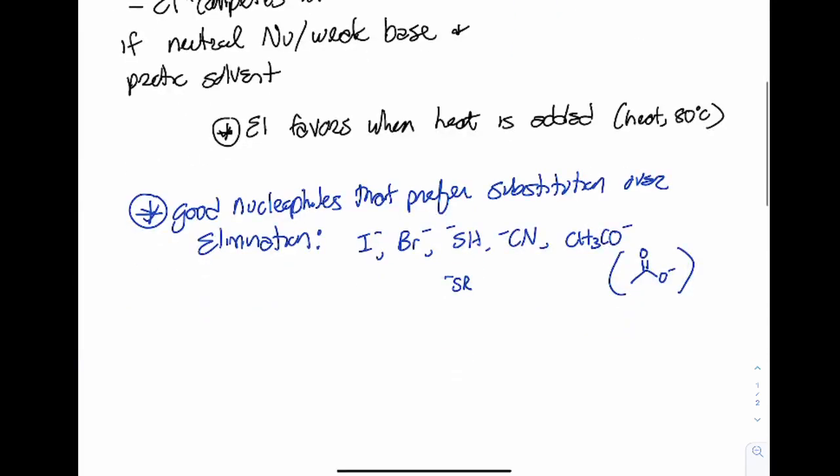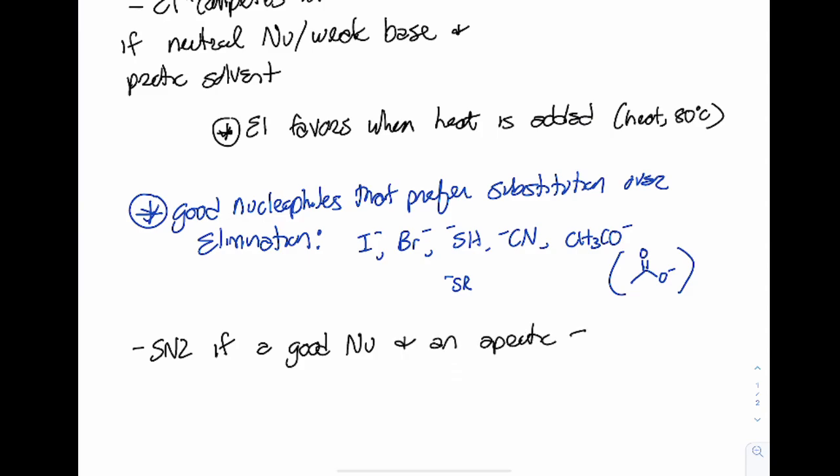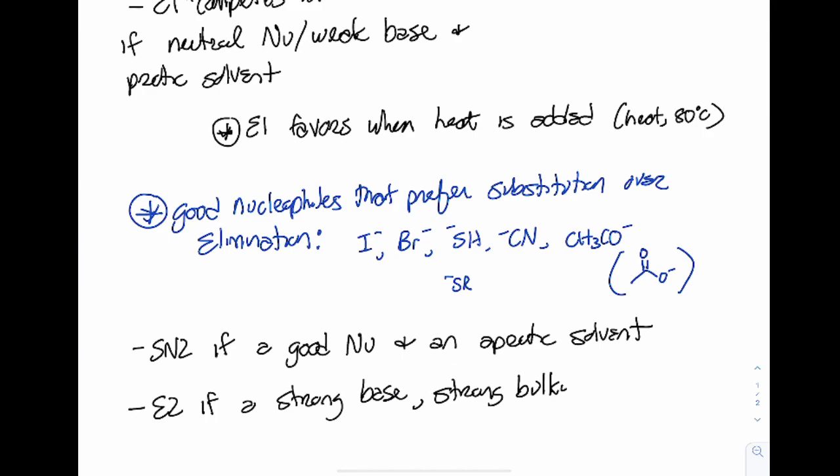We're going to have SN2 if a good nucleophile and an aprotic solvent, and then E2 if a strong base, particularly a strong bulky base.